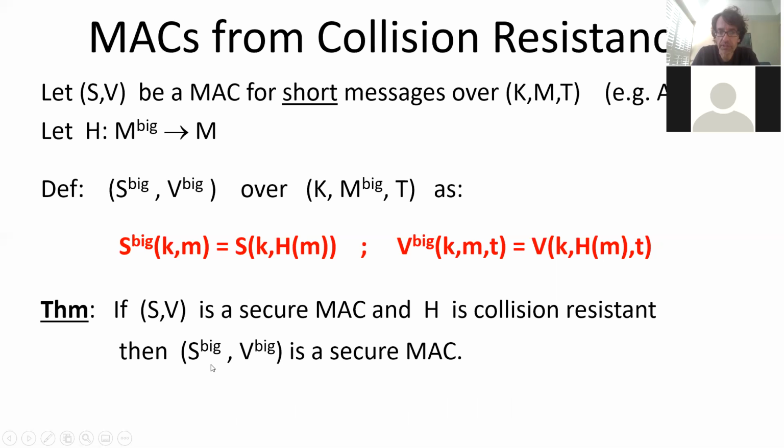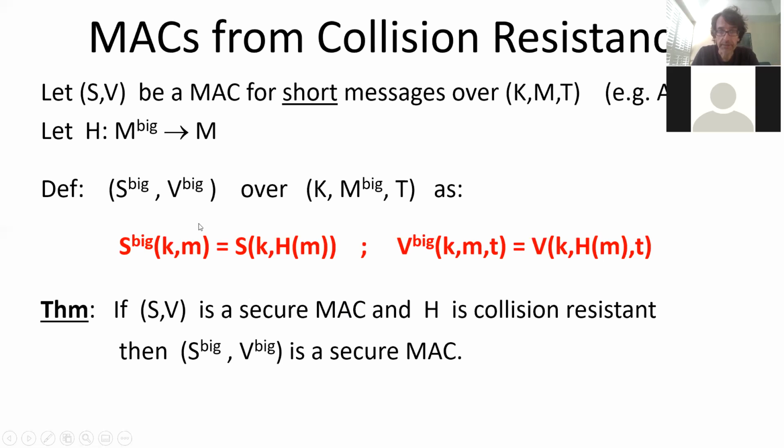Why? So let's say that you have an attack on this big thing. You're sending some messages, you're getting MACs, which are these, and then you create a forgery. So there's two cases. In the first, that forgery is a message that has a different hash from all the previous ones.